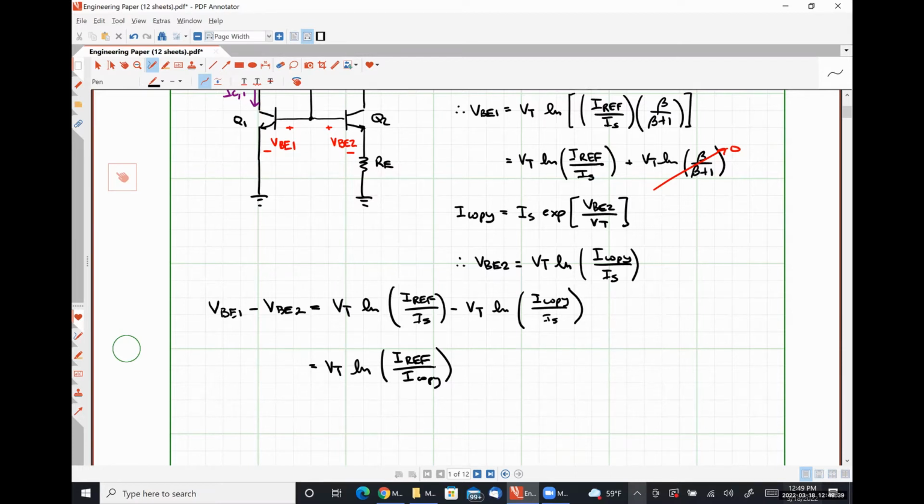Are we okay with the manipulation of natural logarithmic functions here? Everything seem okay? All right.